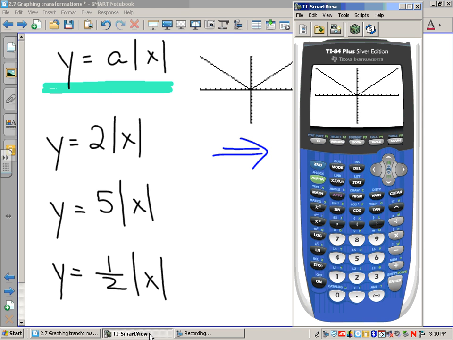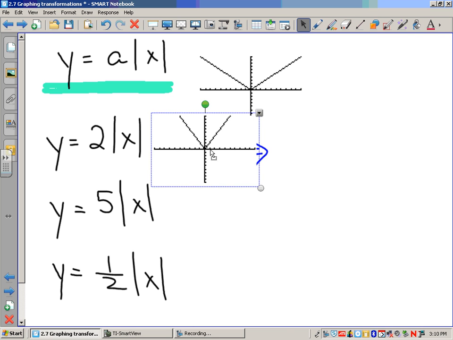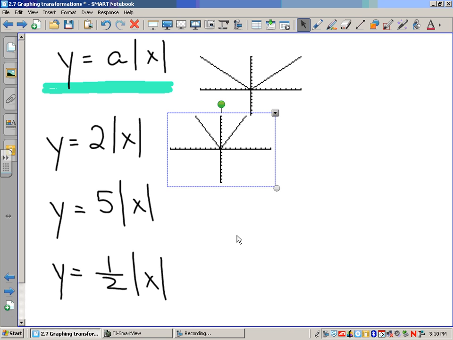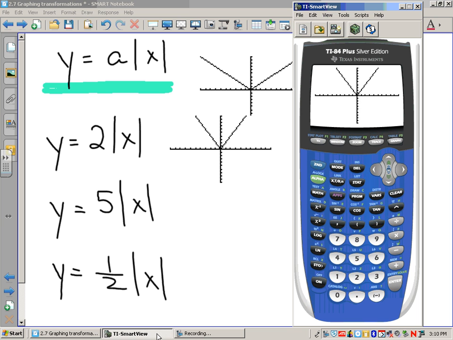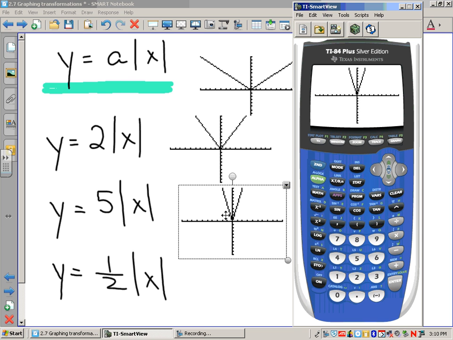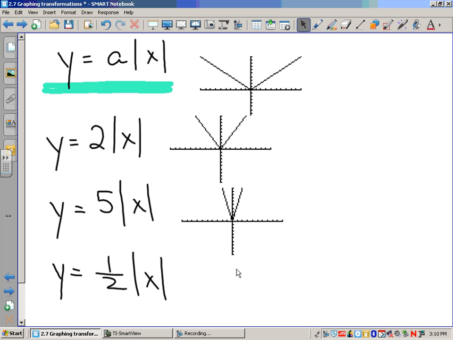If I put a 2 in front of that and graph it, it's become more narrow. If I put 5 in front of it, 5 times the absolute value of x is even more narrow.